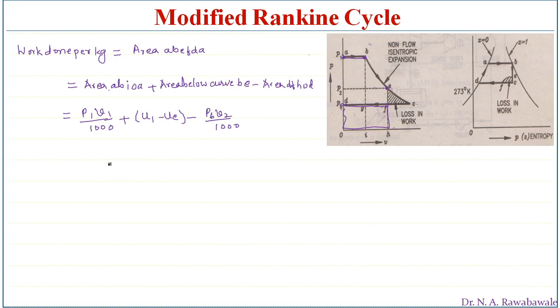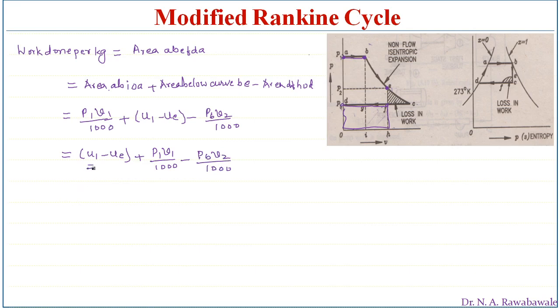On further simplification, we can rewrite this as U1 minus UE plus P1 V1 divided by 1000 minus PB into V2 divided by 1000. U is internal energy.